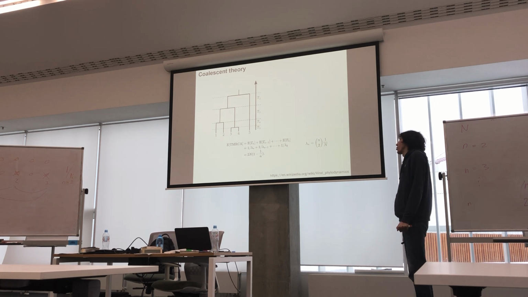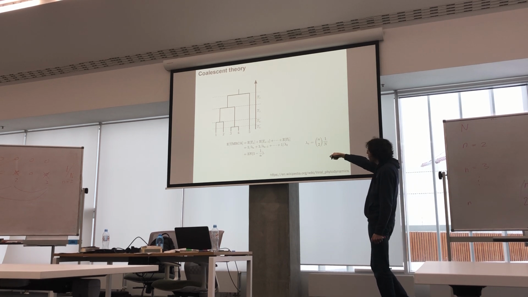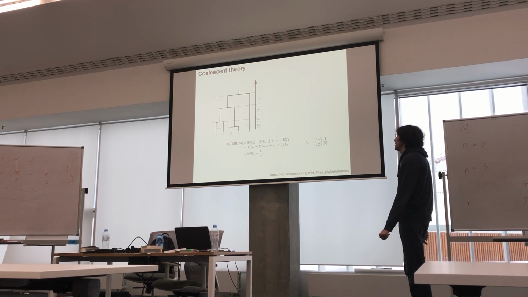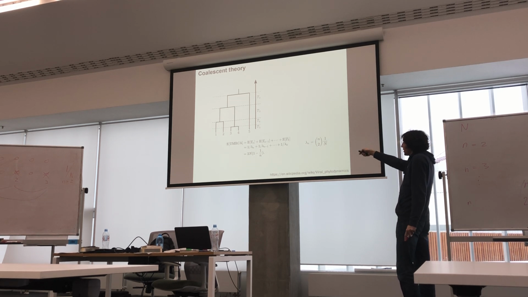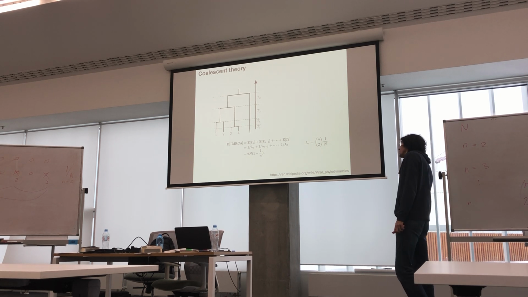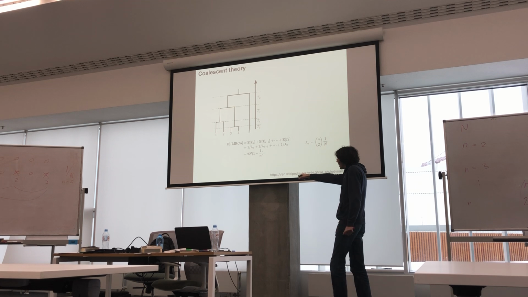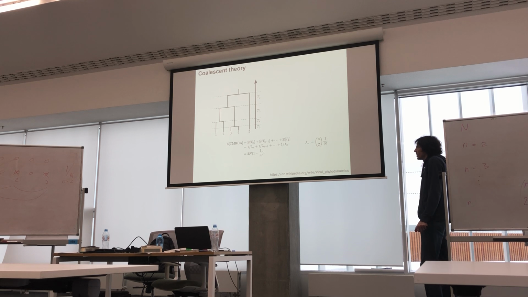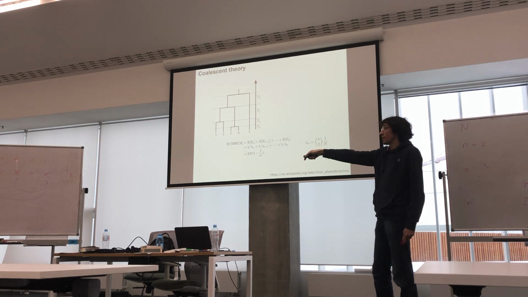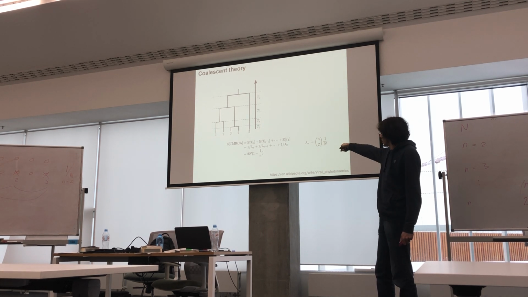So this will be the most recent common ancestor for the sample, and the expected time to that will be just the sum of the expected times to the coalescence events of these. So the mean of the sum is the sum of the means. And we can write it out, and it turns out that we just saw that for 2 individuals, the time to coalescence is similar to the population size, right?